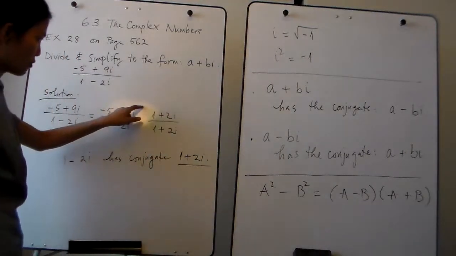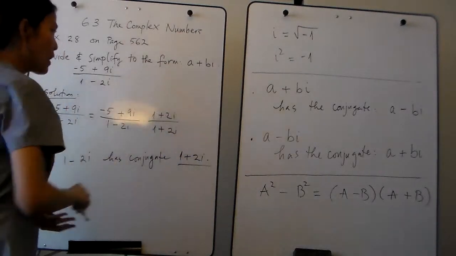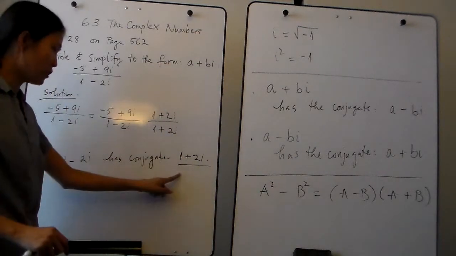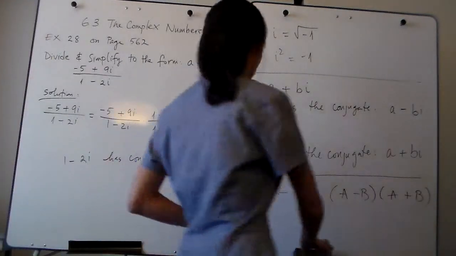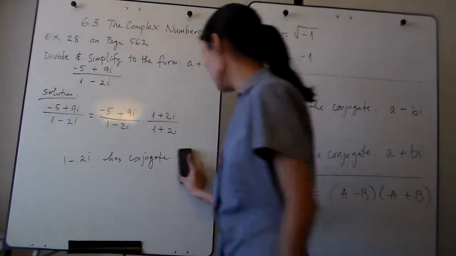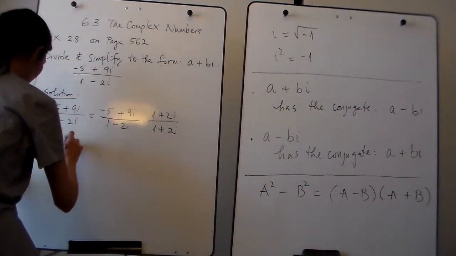As you see, 1 plus 2i divided by 1 plus 2i is 1, so I multiply by 1, and this 1 is in terms of the conjugate of the denominator. Okay? Let me take this out, and then simplify.